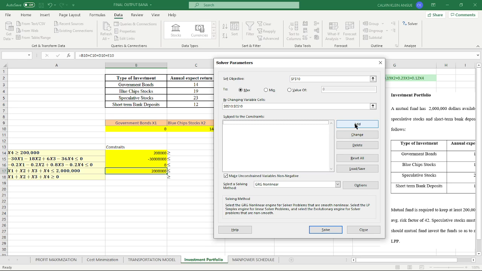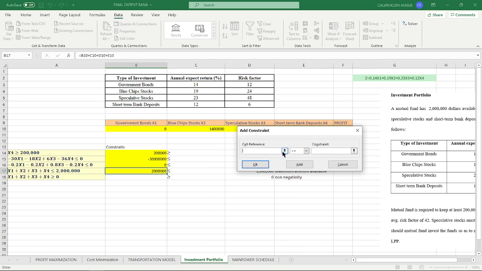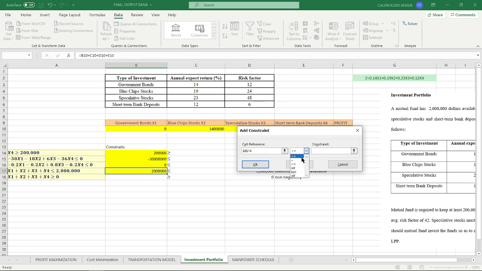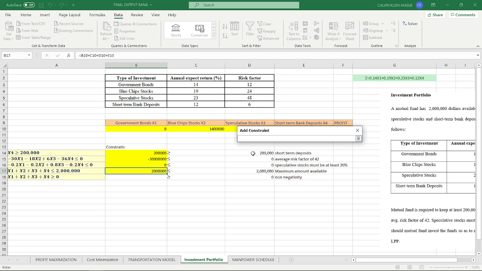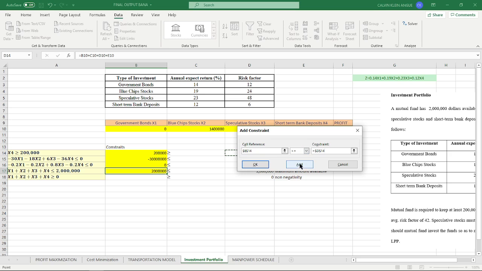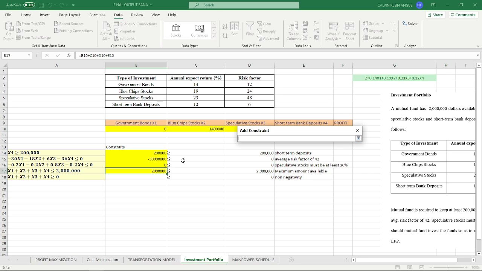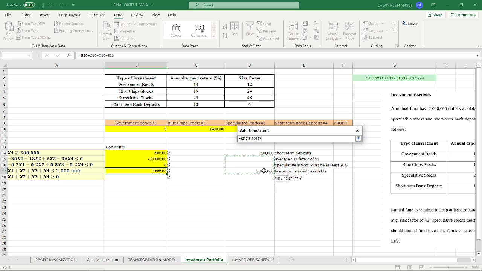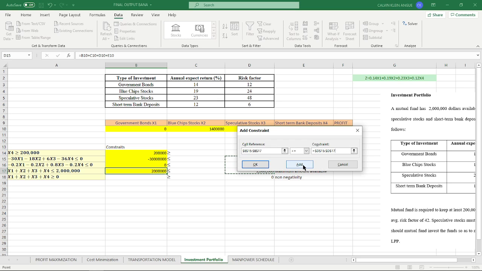Then for our first constraint, it is this, and it should be greater than or equal to this. Then click add. Because these three have the same symbol, I just simplify it, and it should be less than or equal to these three. Then click add.